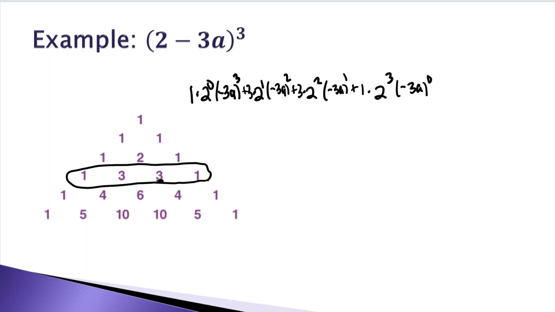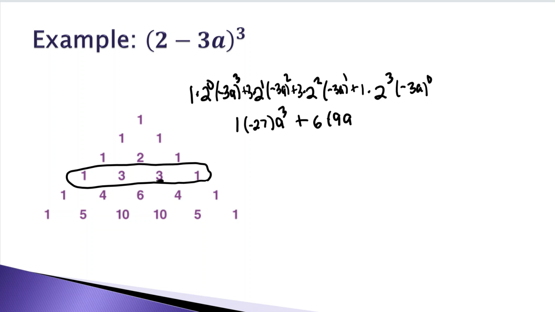So I have 1 times 2 to the 0, that's 1. Negative 3 cubed is negative 27. And then my a cubed. My next term is 3 times 2 to the first, so 3 times 2 is 6. Negative 3 squared is 9.